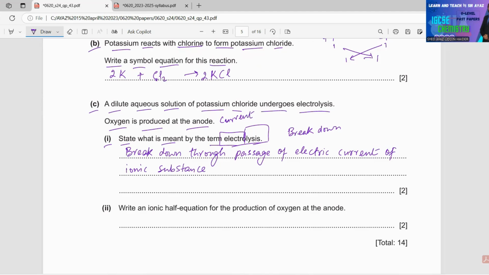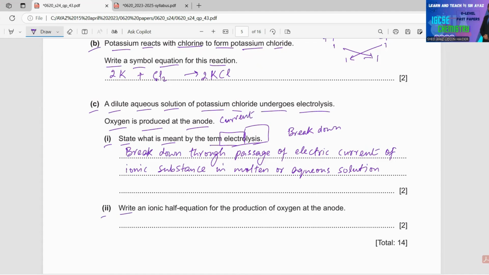Now, this statement is not enough. You have to mention the state of the ionic substance in which you are going to break it down. So it's either in molten state or aqueous solution.